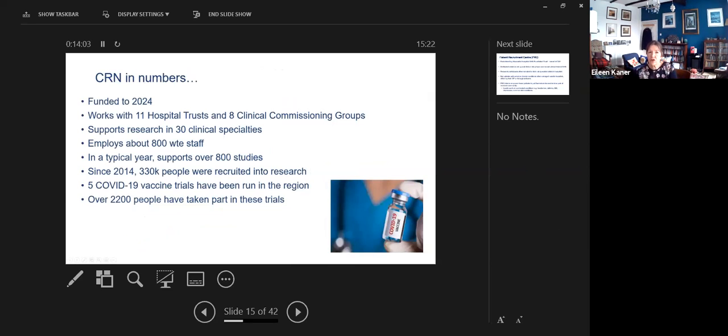It works with 11 hospital trusts and 8 clinical commissioning groups, and it supports 30 different specialities in these hospitals and clinical commissioning groups. It's got about 800 full-time equivalent staff in the LCRN, and in a typical year, it supports about 800 studies. Since 2014, over 300,000 people were recruited into research.